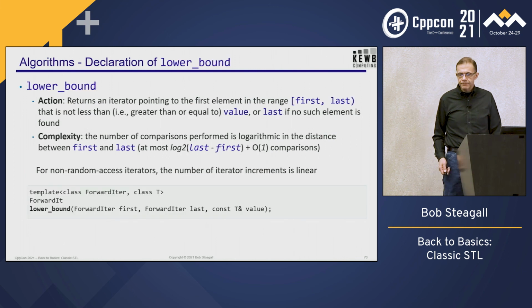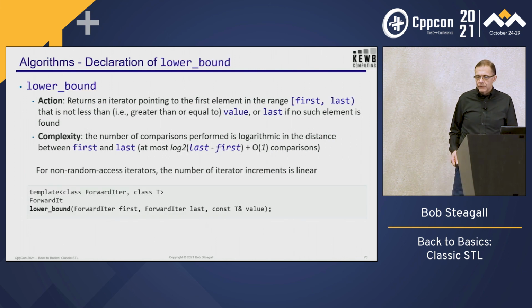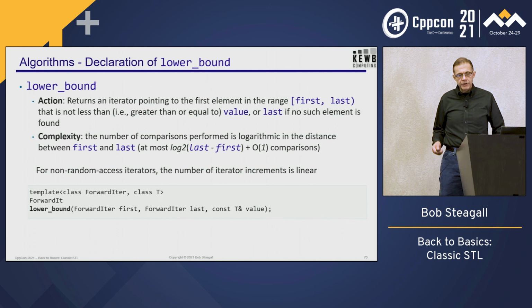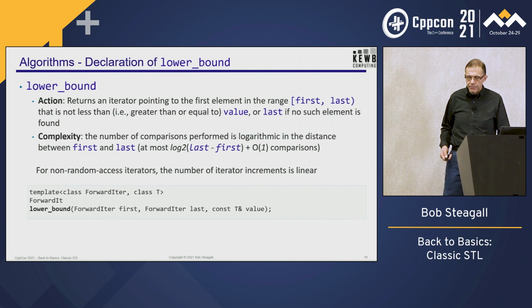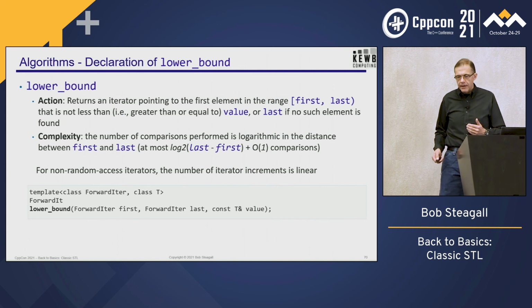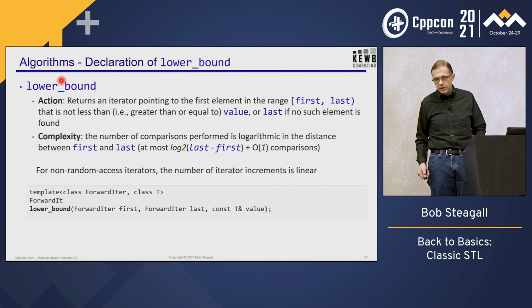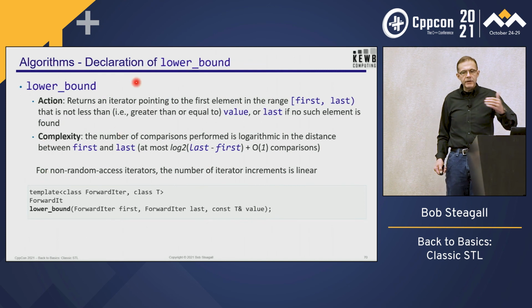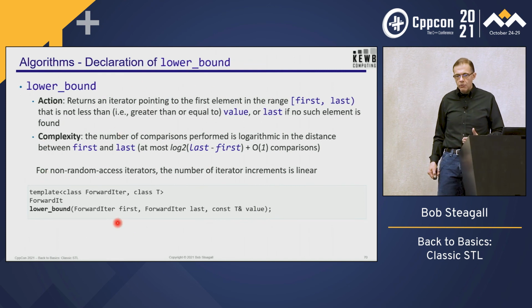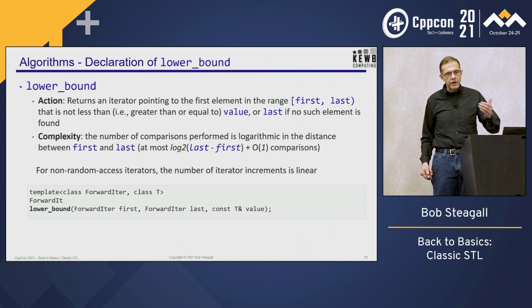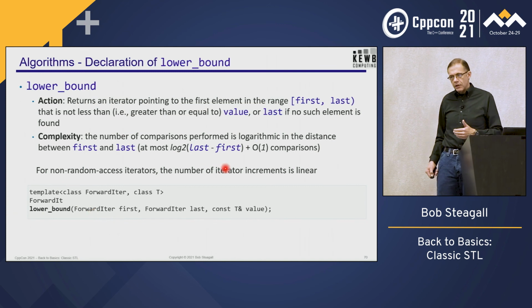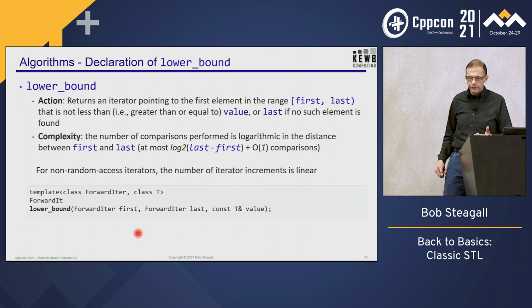Here's lower bound. Lower bound returns an iterator pointing to the first element in some range that's not less than some value that you're comparing it to. And I thought this was interesting because it's doing binary searching, but it actually works with forward iterators. You would think that to do binary searching, you would want random access iterators, but no, you can write it in terms of forward iterators.